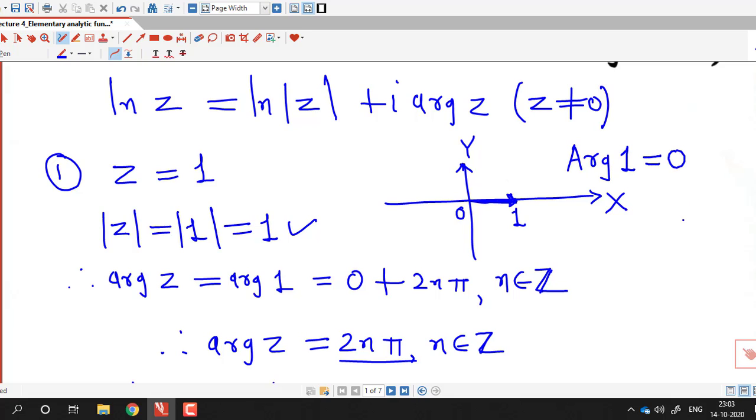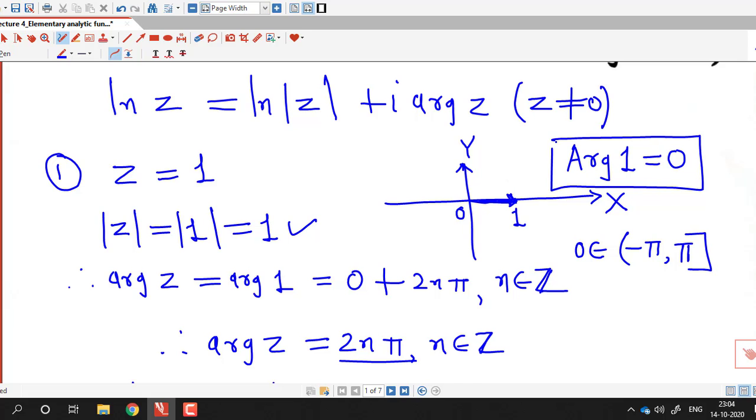The principal argument of a complex number is that value which lies in the interval minus pi to pi, open at minus pi and closed at pi. Here 0 lies in this interval, so the principal argument of 1 is 0.